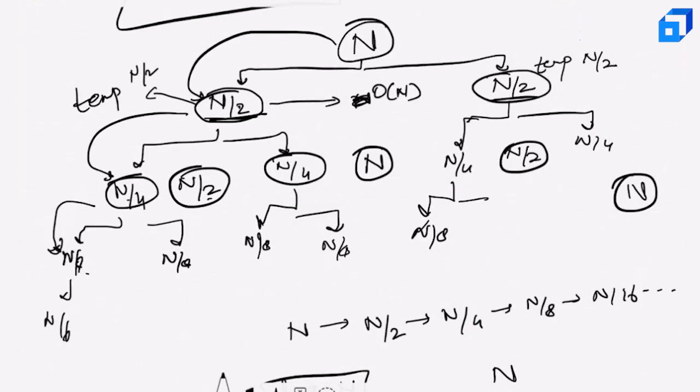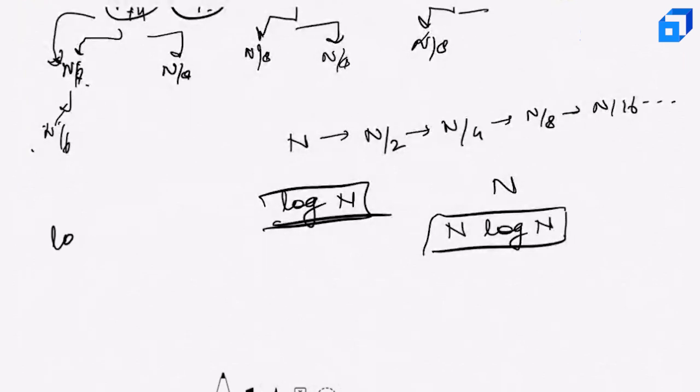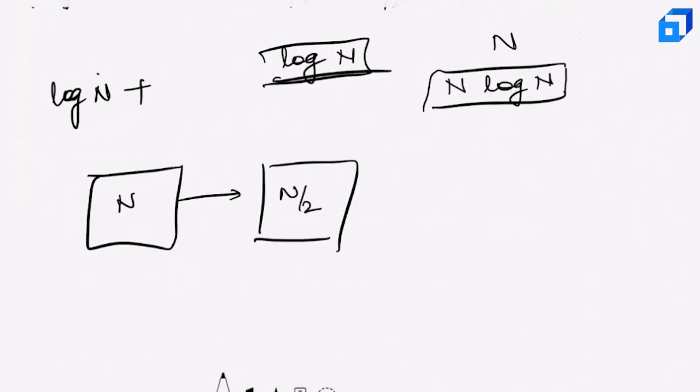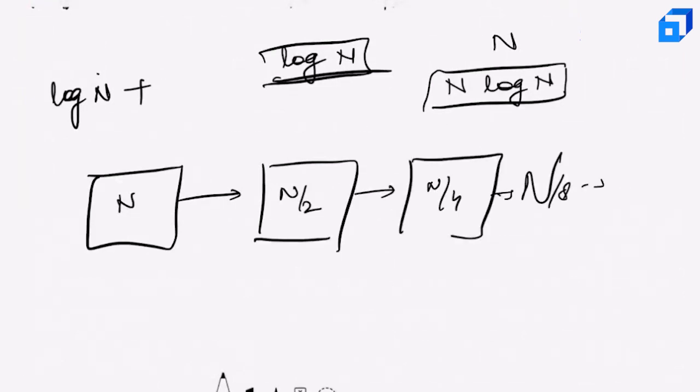In fact, let's look at total space allocation. This n by 2 will make a call to n by 4, 8, etc. So this is a log n stack memory space. Plus, in each of these, imagine I was sorting this array of size n. This will end up calling for n by 2, then n by 4, n by 8, and so forth.